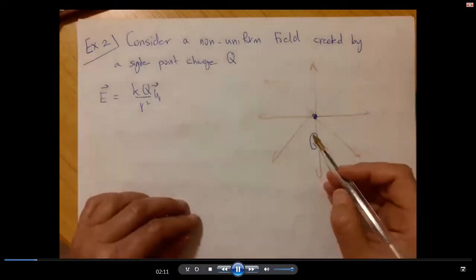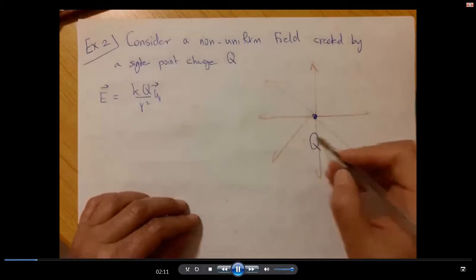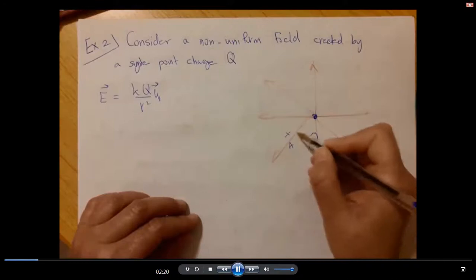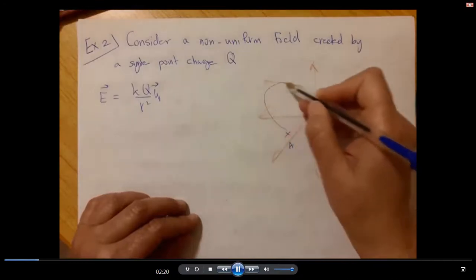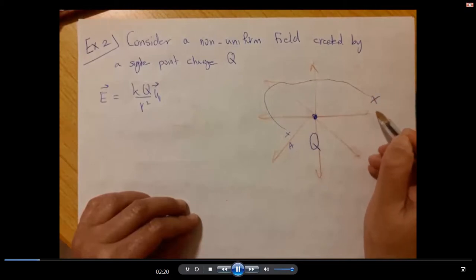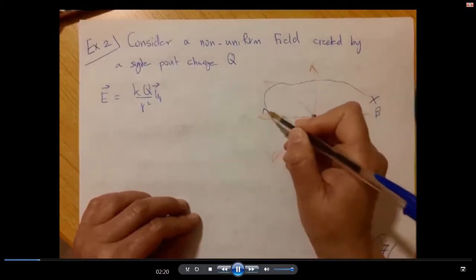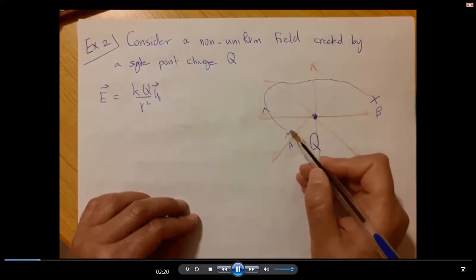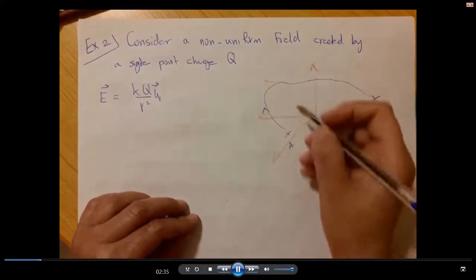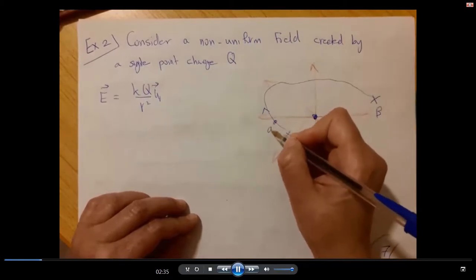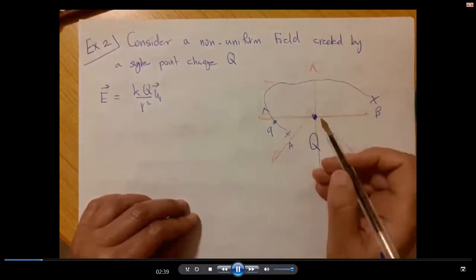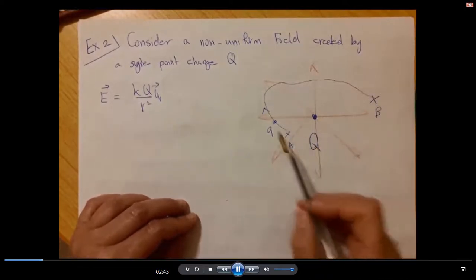So imagine that I have point A, through any path, to point B. This is the path. I have a point charge Q that has been moving along this path, from here to here. I'm looking at the work done from A to B.